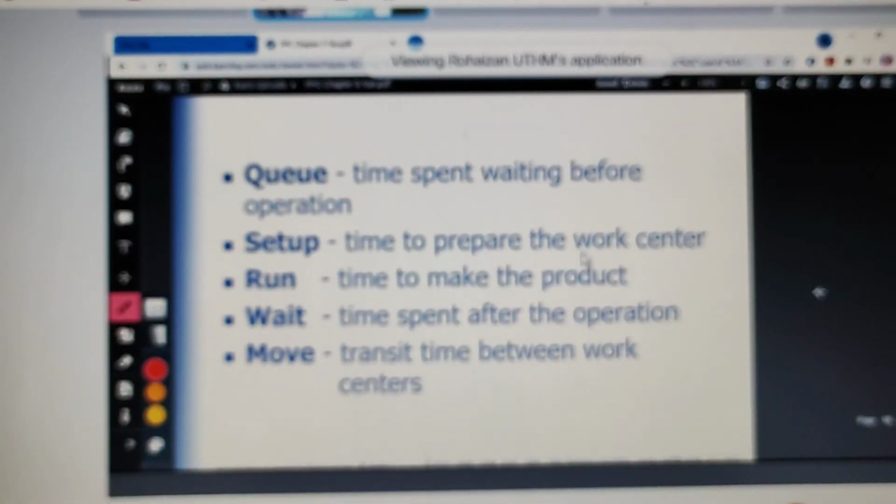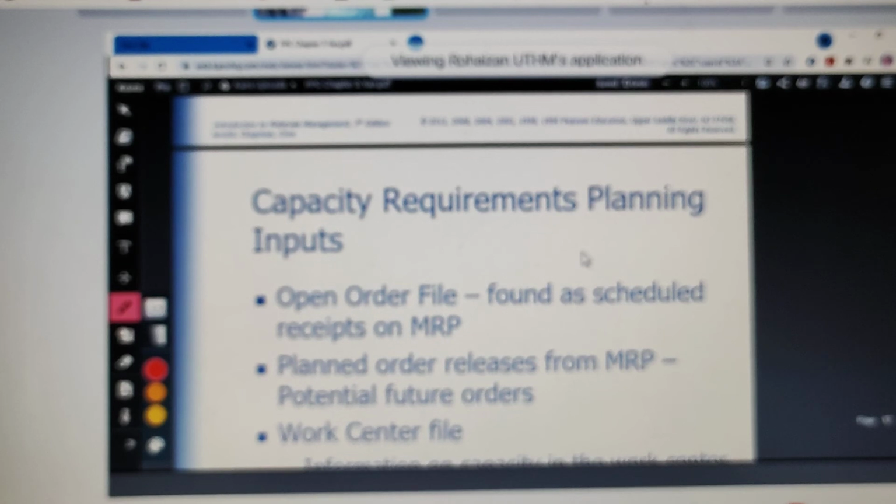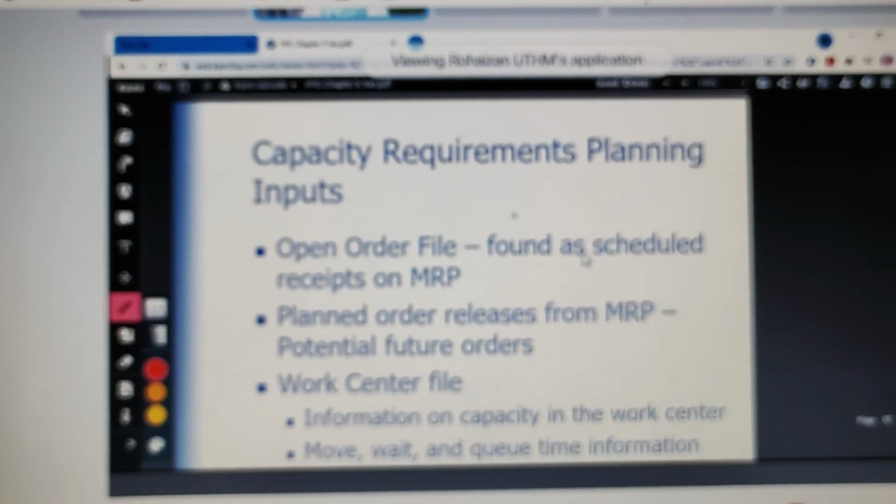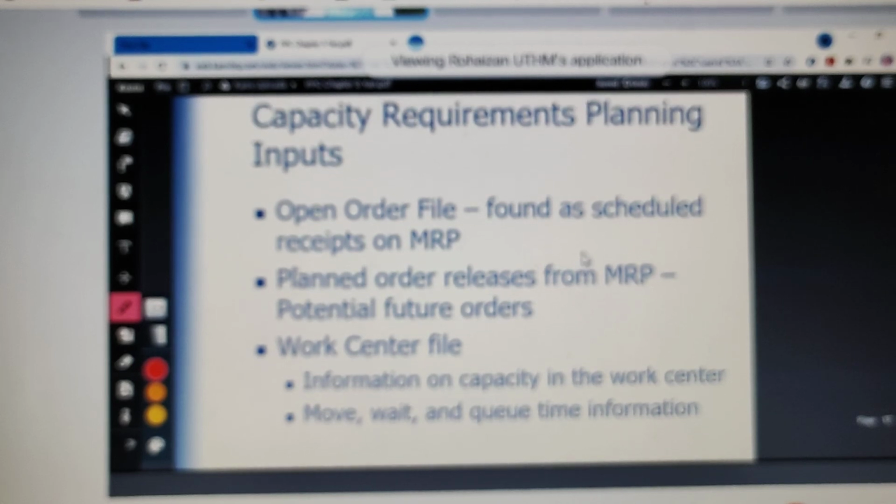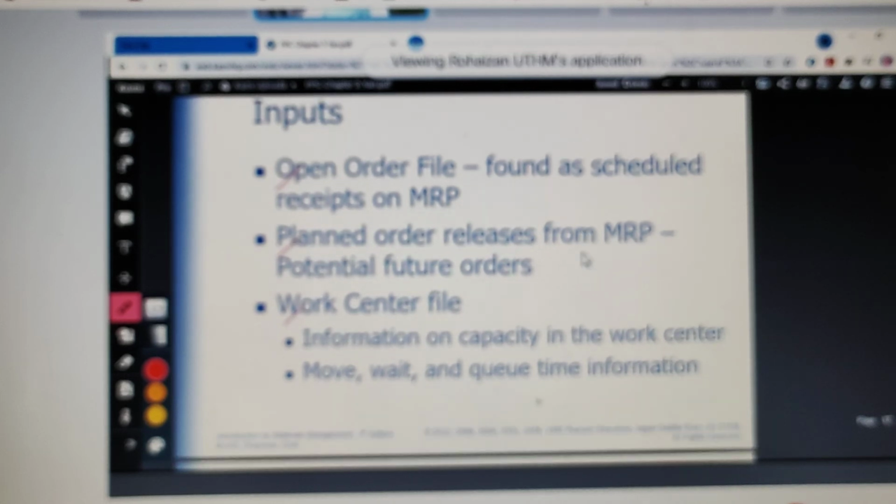Okay, then for the capacity requirement planning input, we actually need this. The input is coming from the open order file. So here we know how many orders and planned order releases for MRP, for planned order receipts, and the work centers file just now, with information on capacity, move, wait, and queue time.